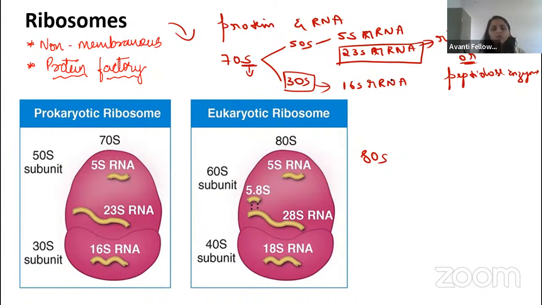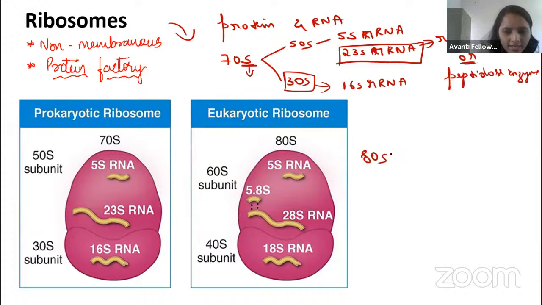Guys, why I am telling you this specifically is that they will give the rRNA names: 5S rRNA, 23S rRNA, 16S rRNA, and 5.8S rRNA. They will ask which one belongs to the eukaryotic rRNA. That is 5.8S rRNA. So you have to remember the RNA names, which is present in the prokaryotes and which is present in the eukaryotes.